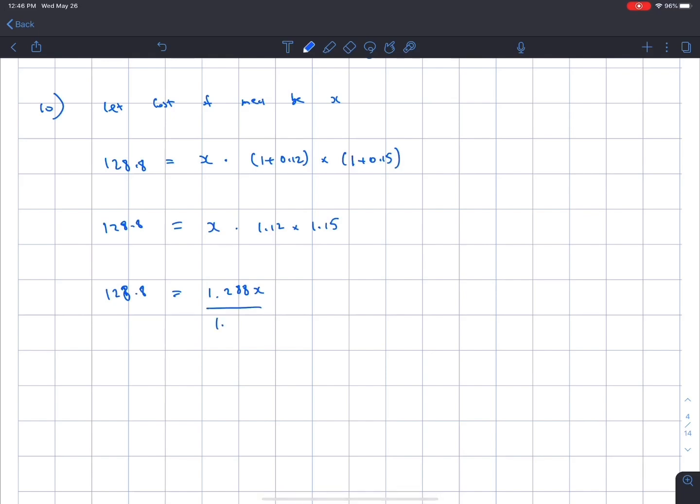And then we divide both sides by 1.288. We get x equals 100. So the price of the meal is $100.